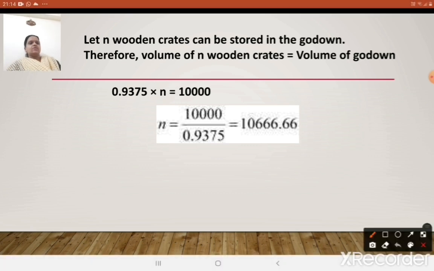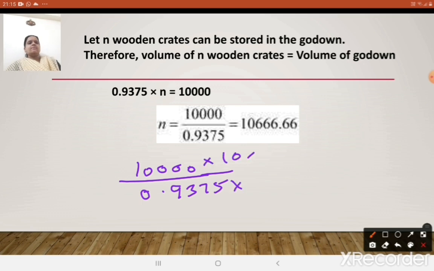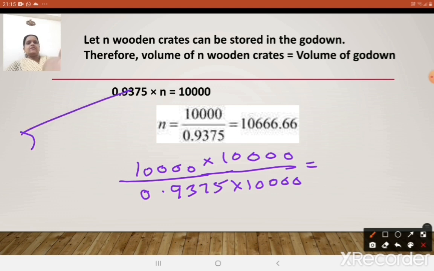Now what will you do here? First of all, 10,000 divided by 0.9375. As you can see, there are 4 digits after the decimal point, so again you will multiply by 10,000 to the numerator and denominator, and whatever you get with the 8 zeros, divide that by 9375. 1, 2, 3, 4, 5, 6, 7, 8.